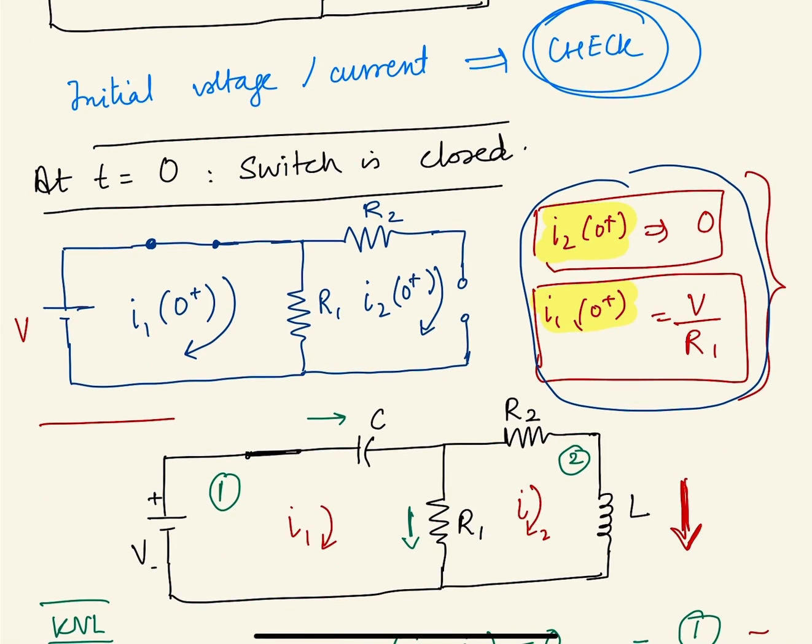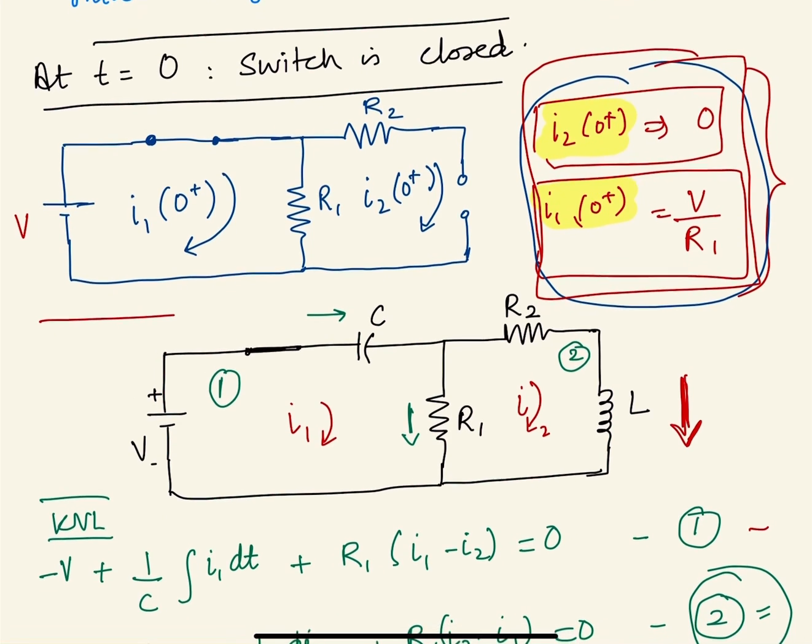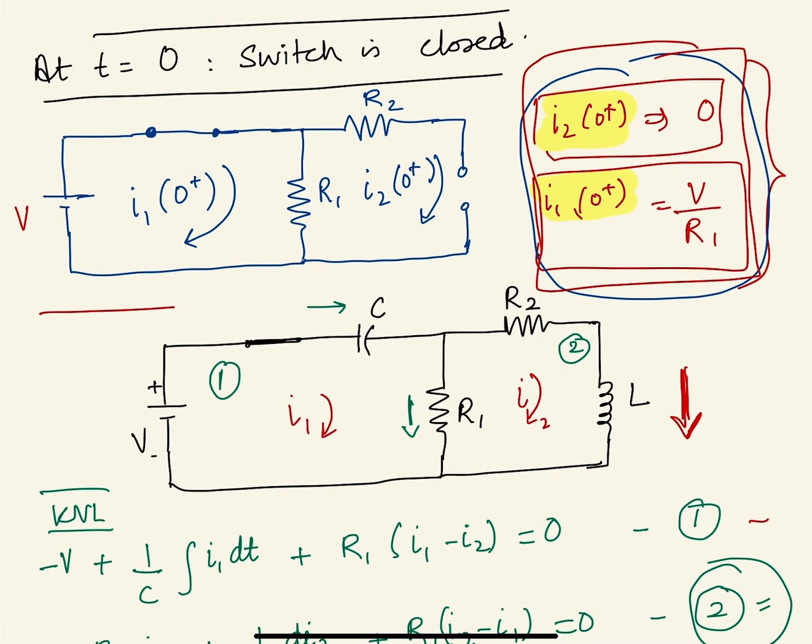Then we said that we are required to find the initial values of the current just after switching. That is, you see the circuit immediately after switching and see how it behaves, and then you find these particular values.